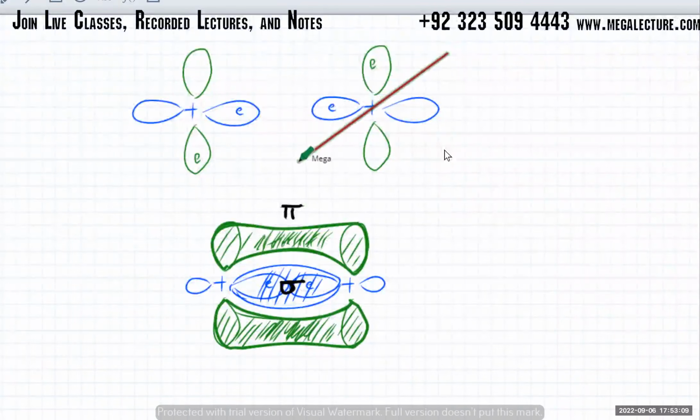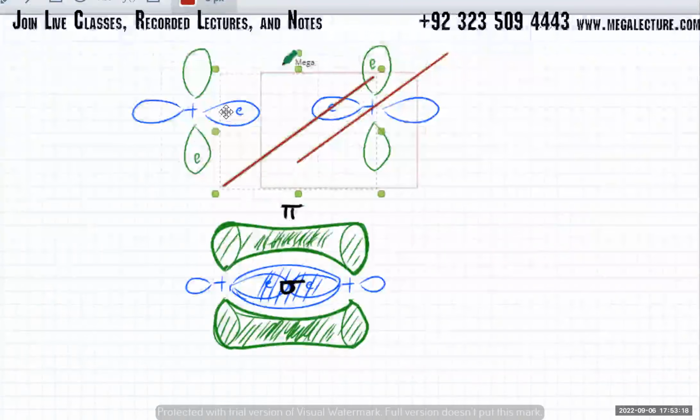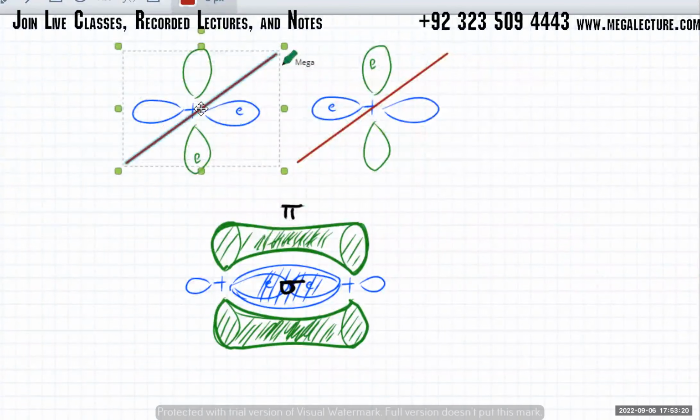So let's say आपका ना z-axis है, और अच्छा third one that's so that's your z-axis.